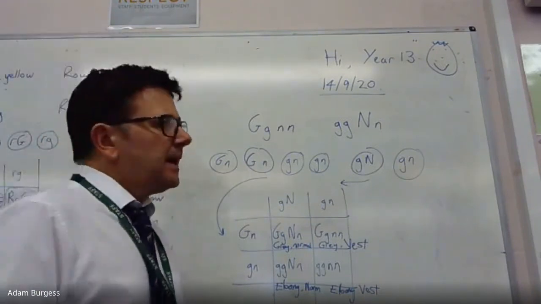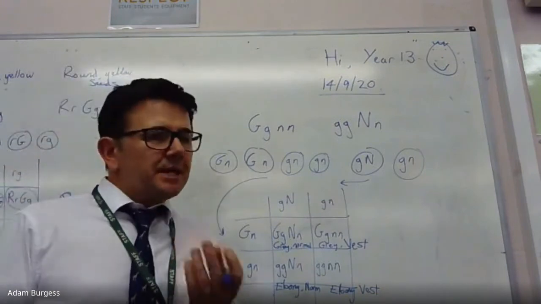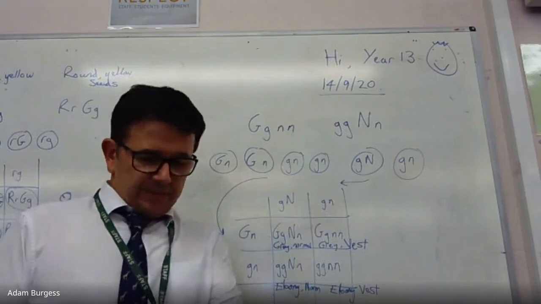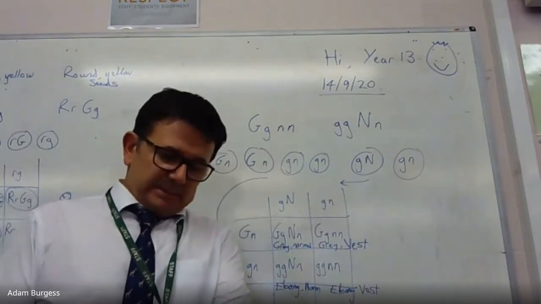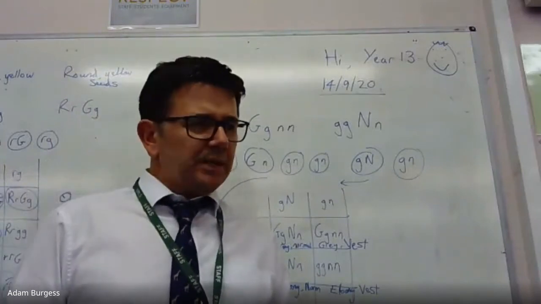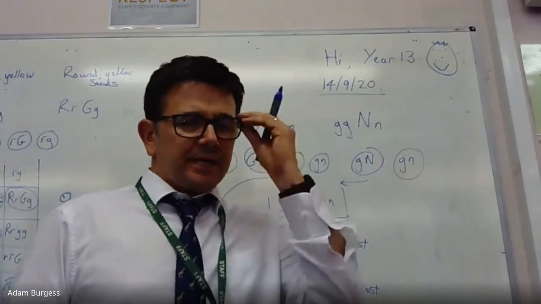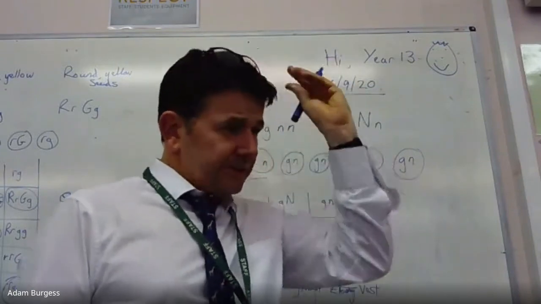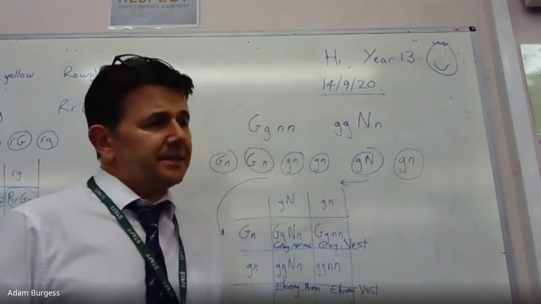I'll be honest, I could go on to other forms of alleles. I know we've still got about another 10, 15 minutes, but I think because of the new way that we're learning with this, I think we will stop in a minute. But if you've got any questions, anybody got any questions, then ask.